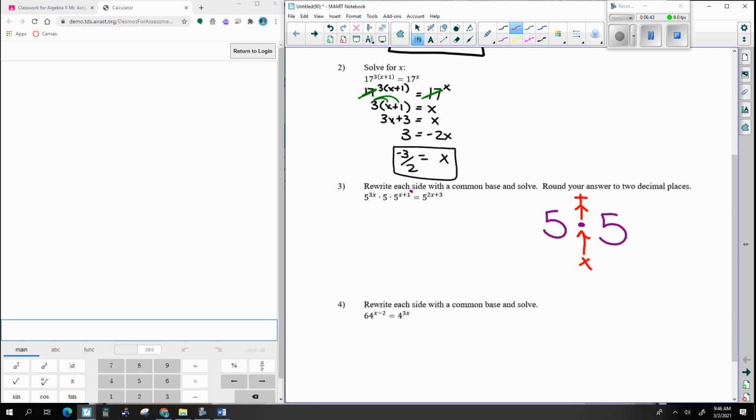So in this situation, we'll have 5, and I add all the exponents. So that's 3x plus 1 plus x plus 1. There's a 1 on that single 5.